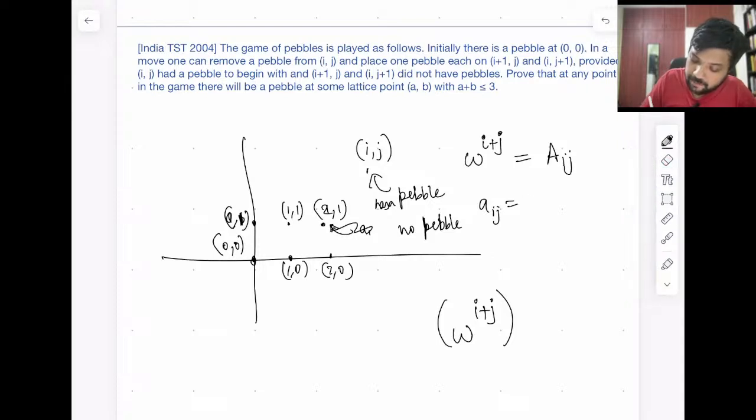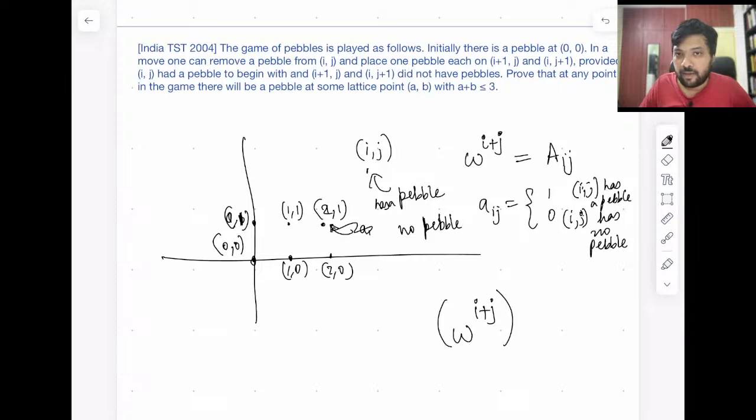So aij is 1 if ij has a pebble, and 0 if ij has no pebble. Okay, let me write it neatly. All right.